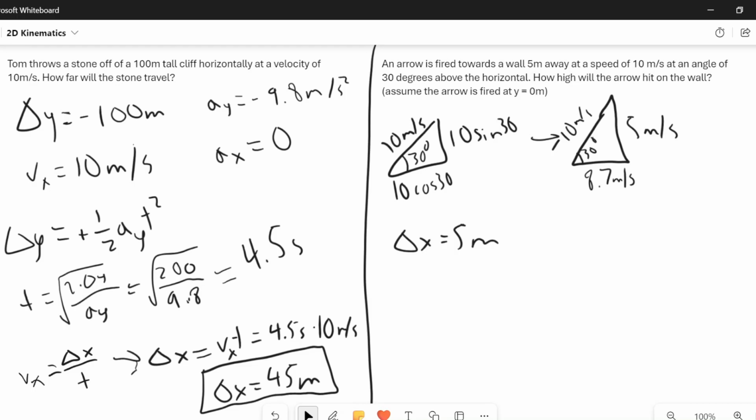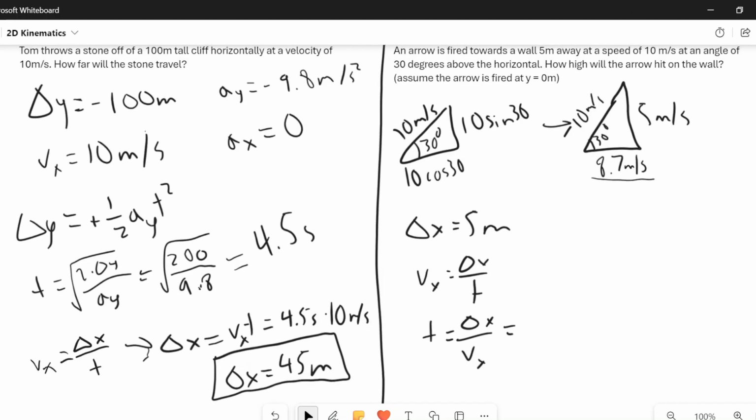Since we know the velocity in the x direction is 8.7, we can do Vx equals delta x over t, so t equals delta x over Vx, which equals 5 meters over 8.7 meters per second. Now this should be roughly 0.57 seconds.